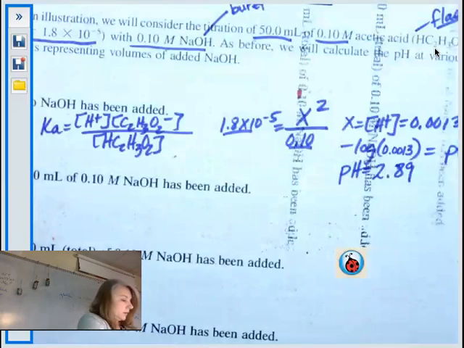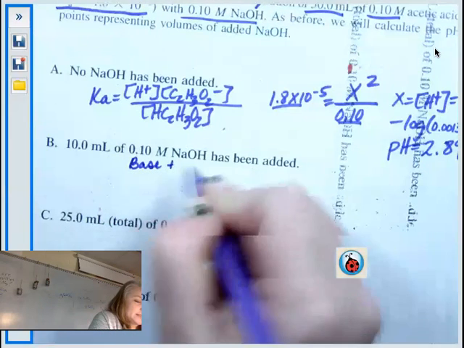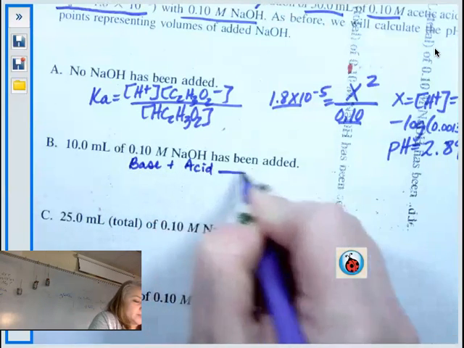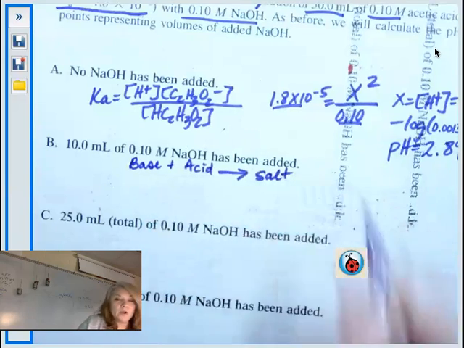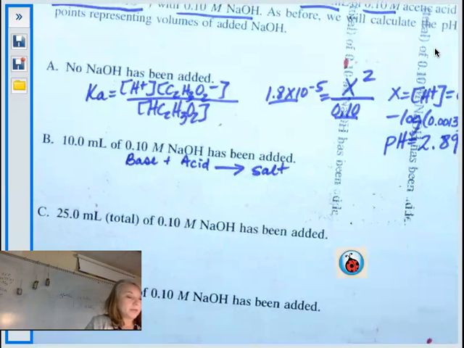Okay, let's move on. Now we're adding some base to our acid, and we're going to make a salt. Our salt will matter this time because we have a weak acid, and the conjugate of a weak acid is stronger than water, which means that it's also going to affect the pH.